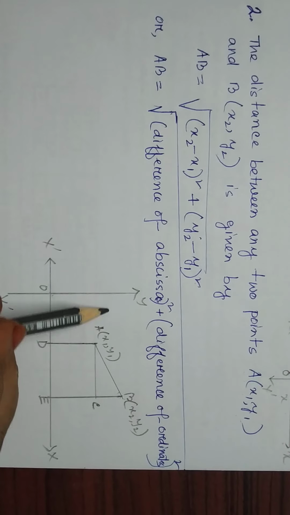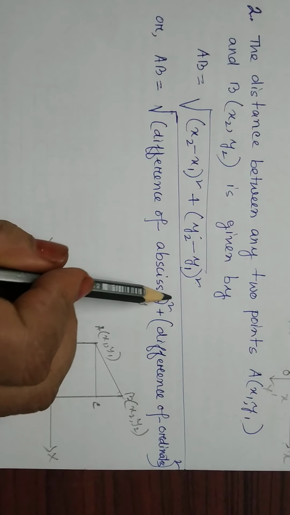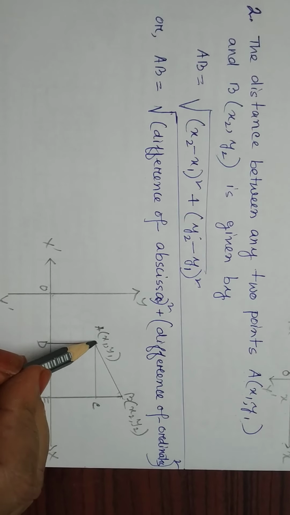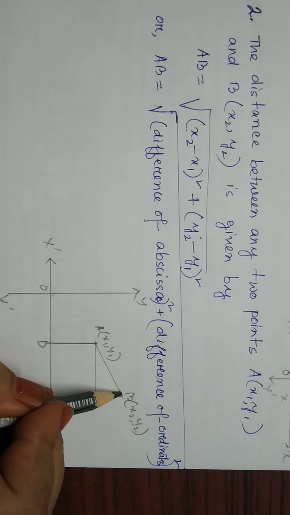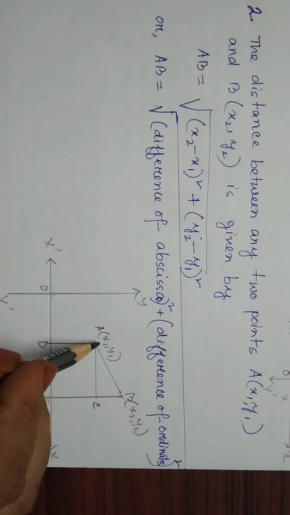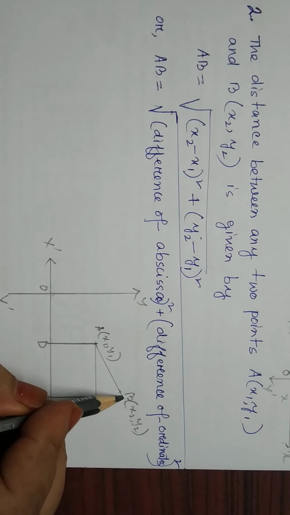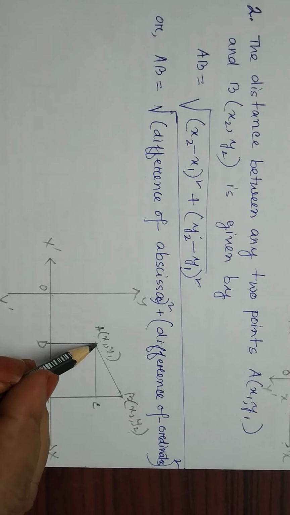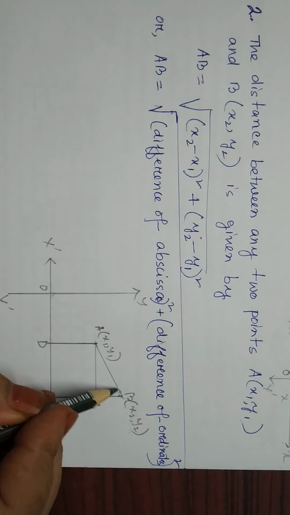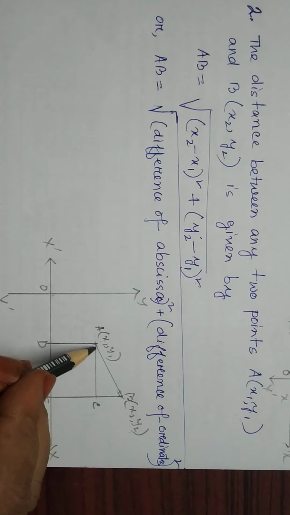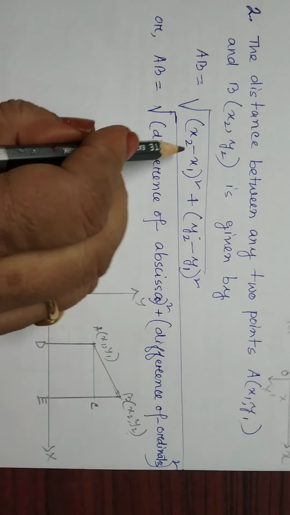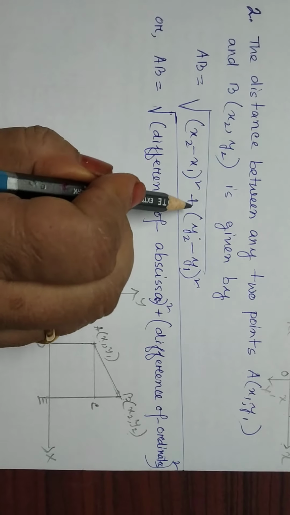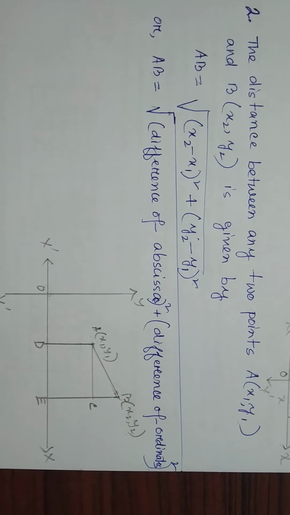That means the difference of abscissae whole square plus the difference of ordinates square. Now we have to find the distance between A and B. This distance will be the square root of x2 minus x1 whole square plus y2 minus y1 whole square.